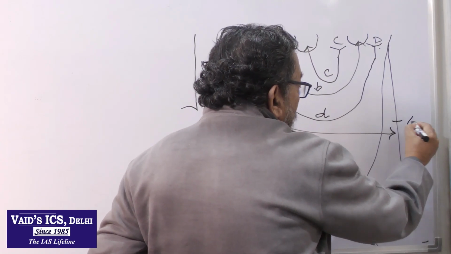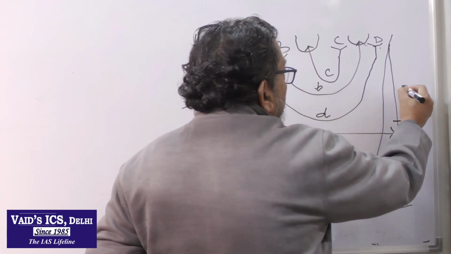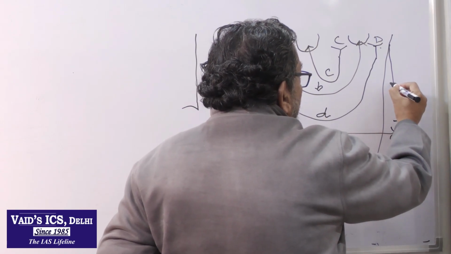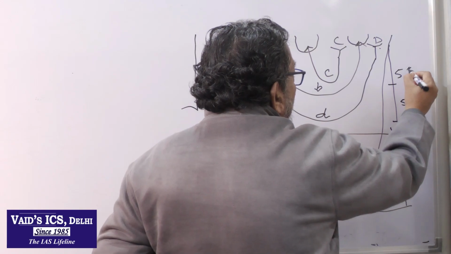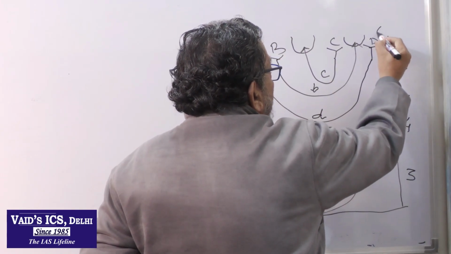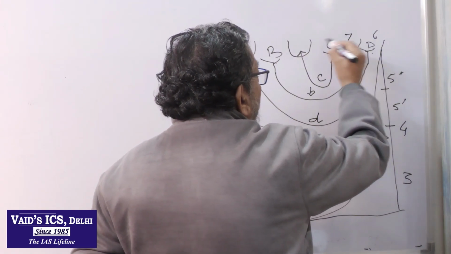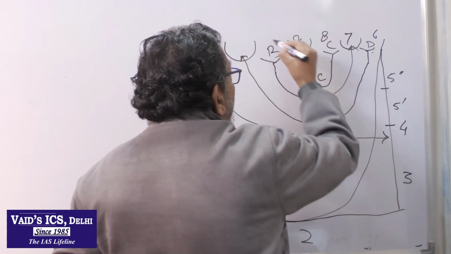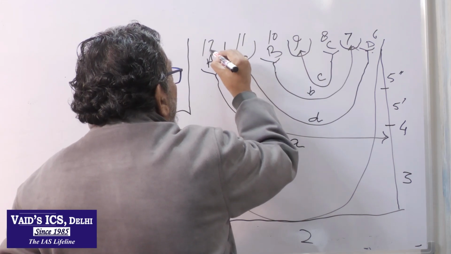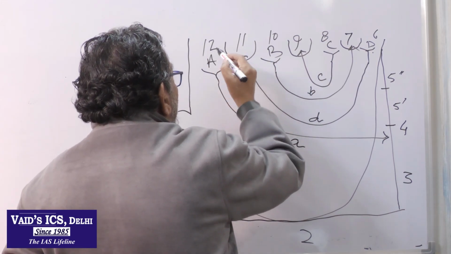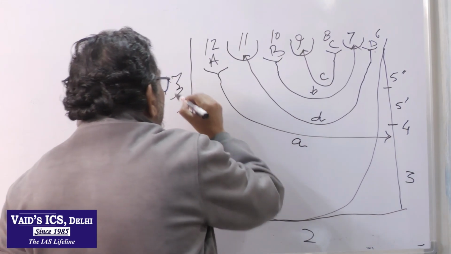Bisector is called 4. 4 is a point. Then the upper part is 5, which is again divided into 5 dash and 5 double dash. Then the small finger is 6, space is 7, ring finger is 8, space is 9, long finger is 10, space is 11, index finger is 12 and space is 13.